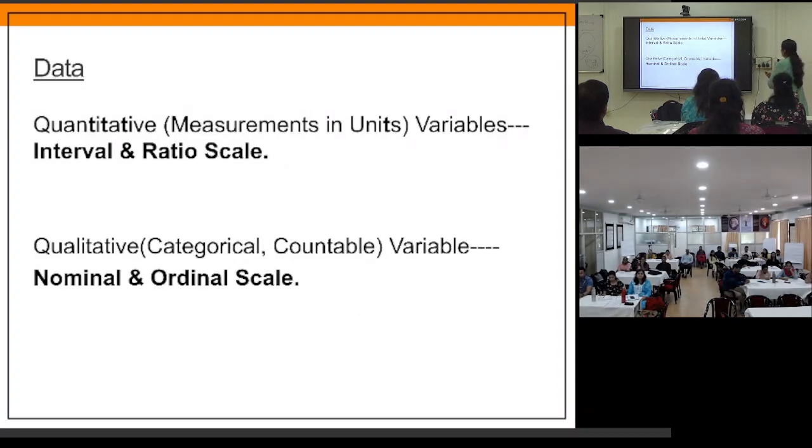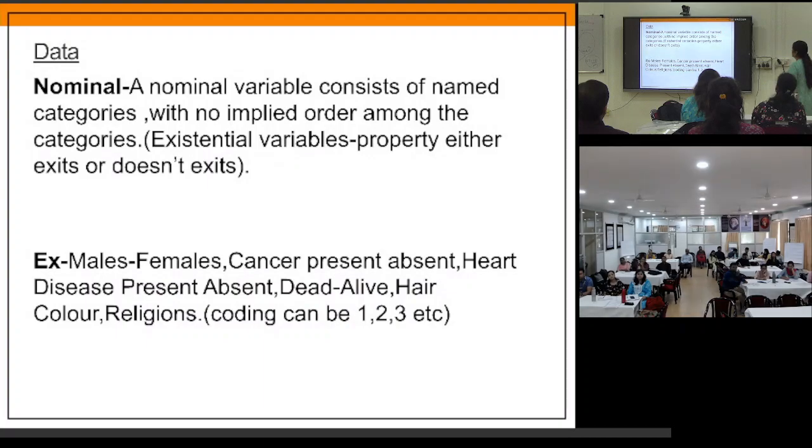Okay. In the quantitative and qualitative also you have further divisions. In the quantitative you have interval and the ratio scale. In the qualitative or the categorical or the countable variables you have nominal and the ordinal scale. A nominal variable consists of named categories with no order among the categories.